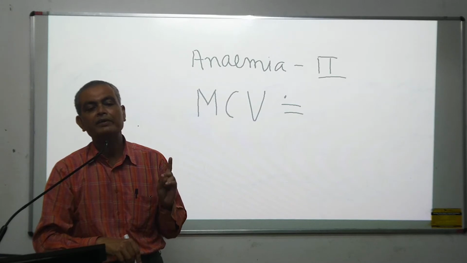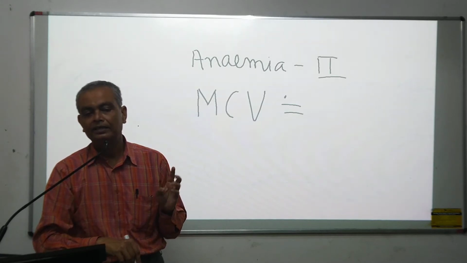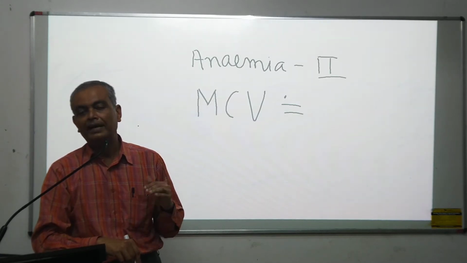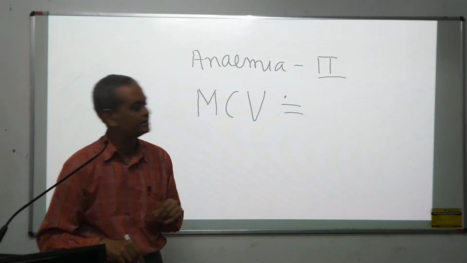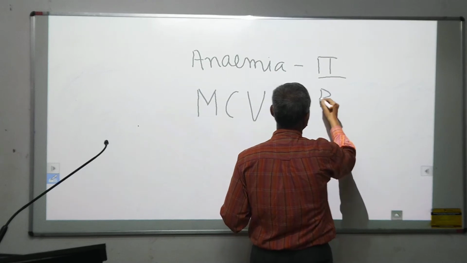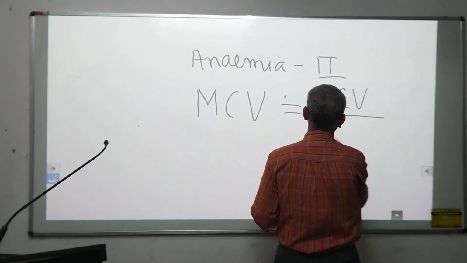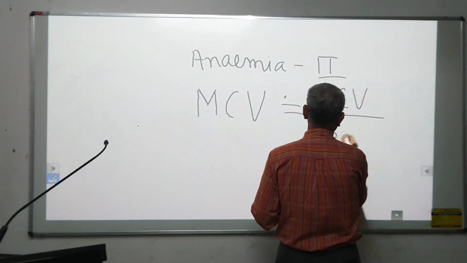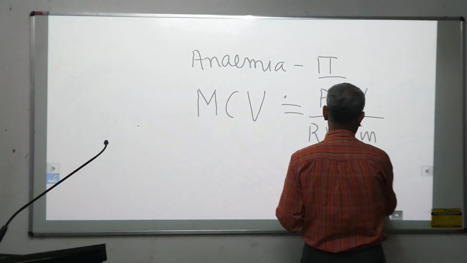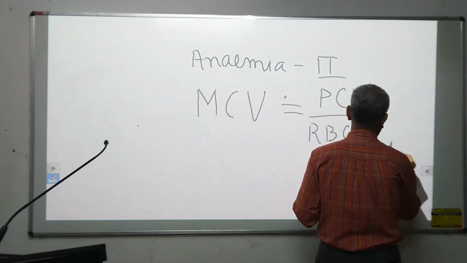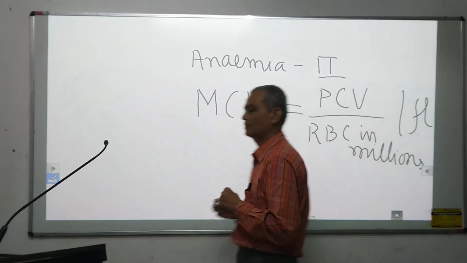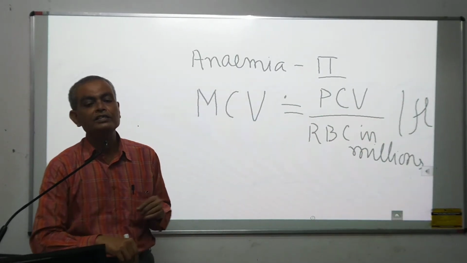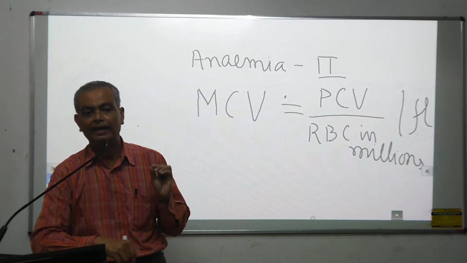The average diameter of one RBC is calculated by dividing PCV by RBC in millions. And the unit is femtoliter, FL.